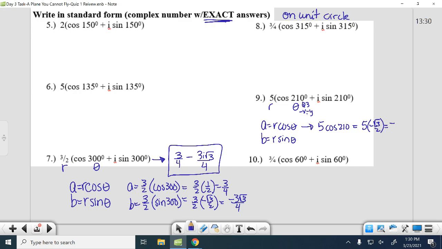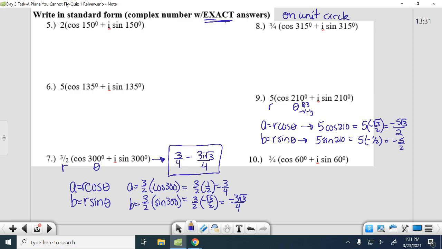So that will give us negative 5 square root 3 all over 2 for the real portion. The imaginary, our b, is going to be r multiplied by sine of 210. So 5 multiplied by sine of 210, and sine of 210 is negative 1/2. So 5 times negative 1/2 is negative 5/2.